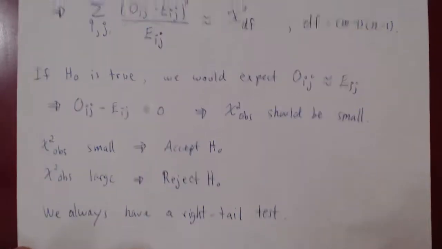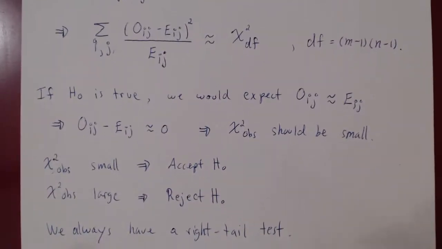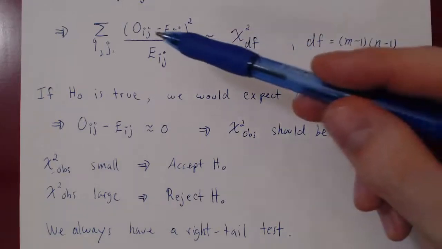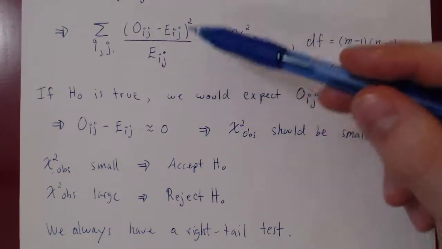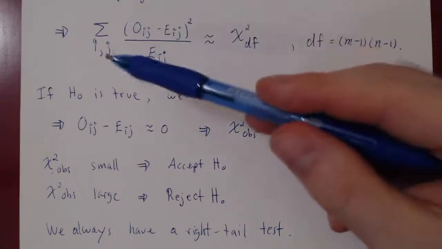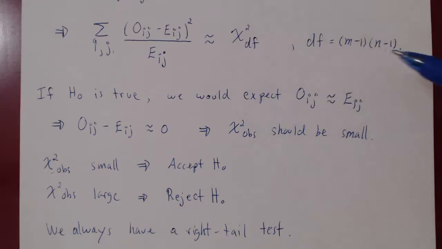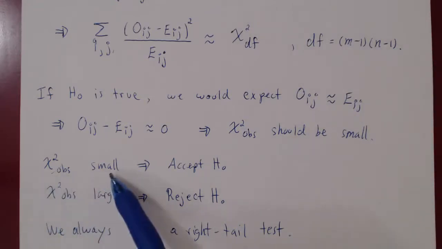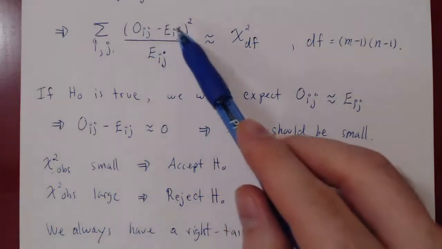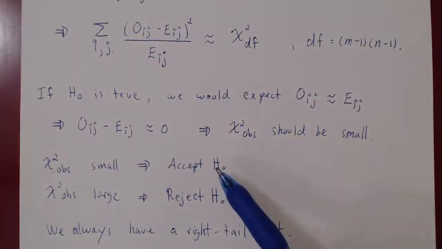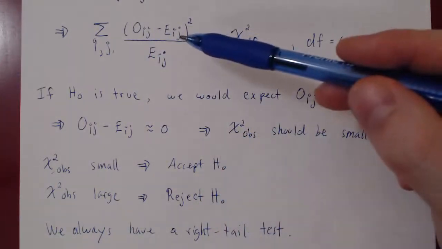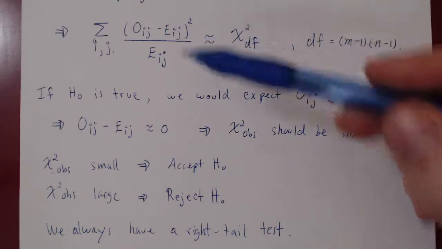So always keep this in mind. And you see, heuristically, it's very intuitive. You think, okay, I find for every cell the expected value, I compute this and I add this up for every cell. I have my chi-squared random variable with this degrees of freedom. If chi-squared is very small, that means that O is very close to E, which supports H0 because E is the predicted value under independence.